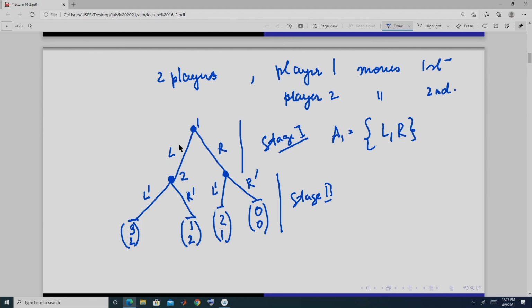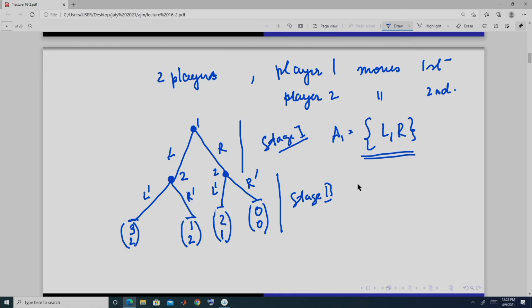In stage 1, the player can choose any action from this set, either L or R. In stage 2, player 2 knows whether it is in this node or in that node. If L is chosen, it is in this node. If R is chosen, player 2 is in that node.